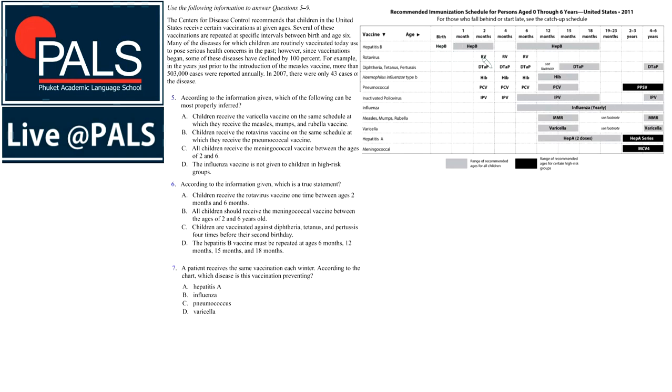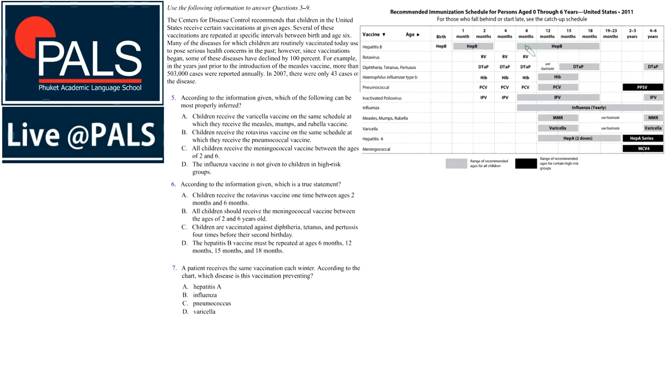So some of these are just letters in boxes, and this refers to specific ages at which the vaccines should be given. So rotavirus vaccine should be given 3 times to an infant at age 2 months, 4 months, and 6 months. Some other vaccines can be given over a longer time frame, in a longer range.